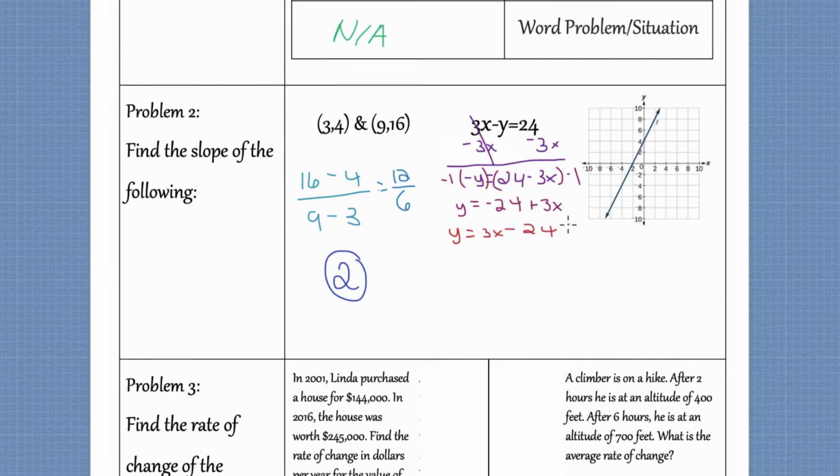So now all I have to do is look at the coefficient of the x term to find the slope. The coefficient of the x term is this 3 right here. So that means our slope is 3. And that is our answer for this one.